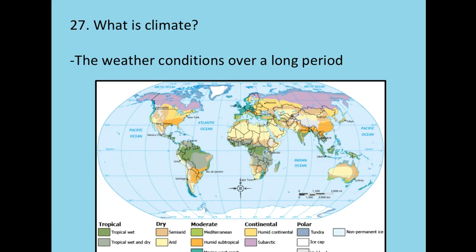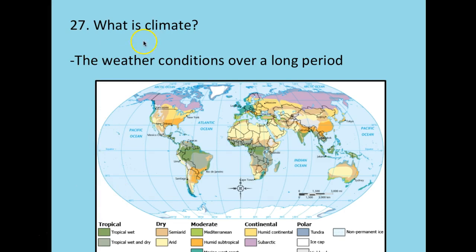27 was climate. So the big thing here is to differentiate between weather and climate. So weather is what we experience every day, short term, and then climate is long term. Climate is an average of what takes place in that location over years and years. So from basically all the data that has been historically gathered.